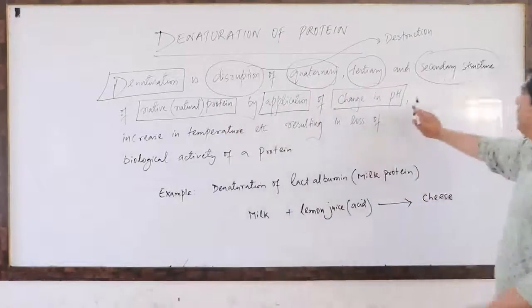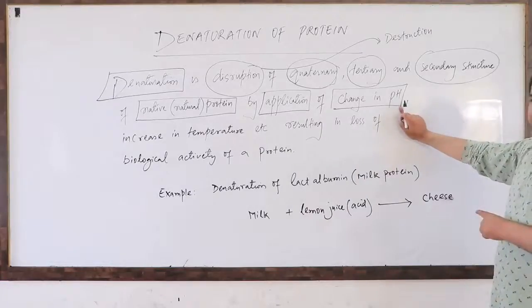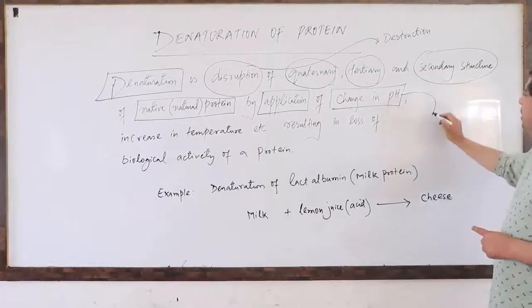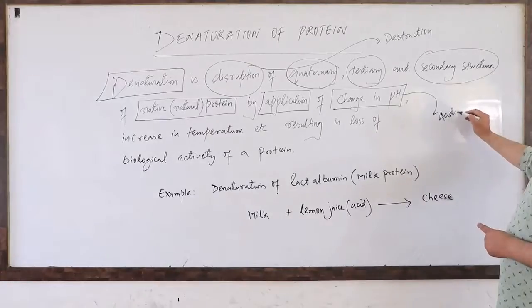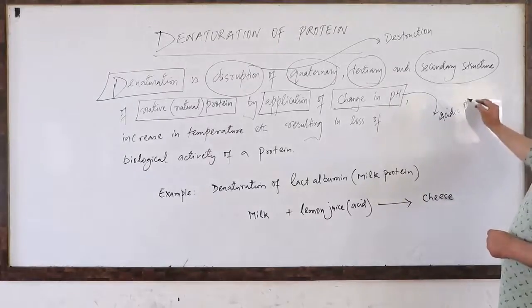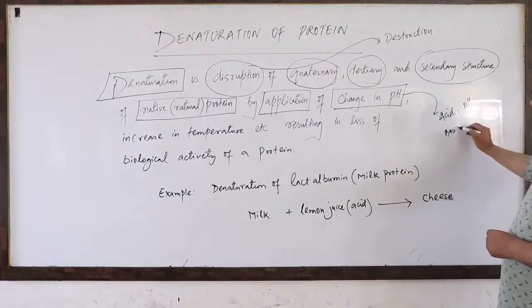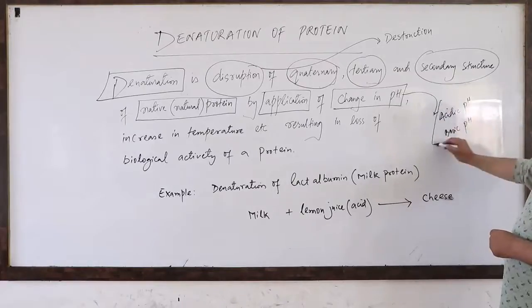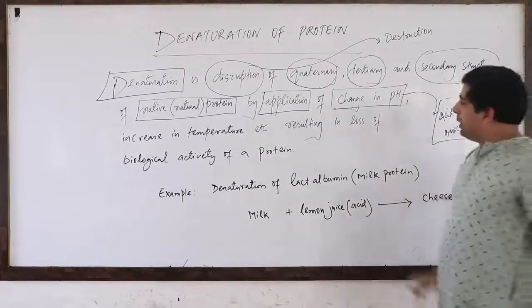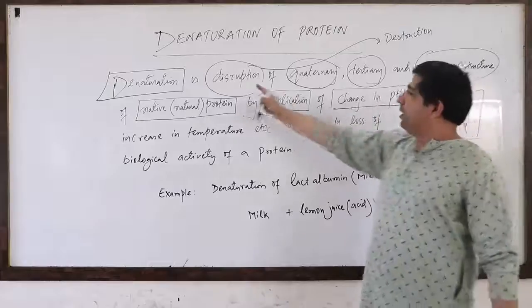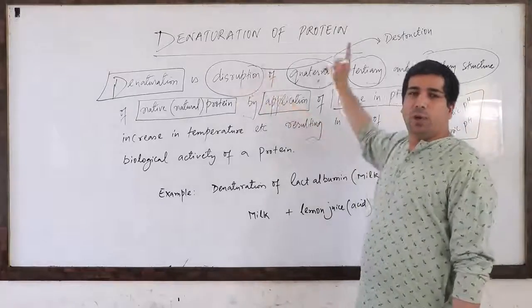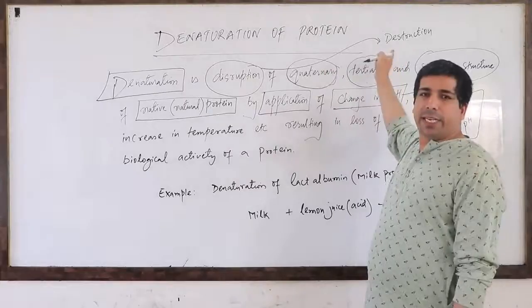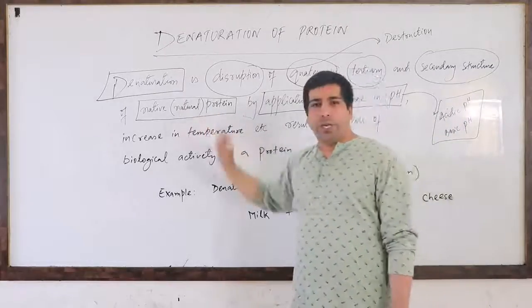You can make it acidic or basic. So this change in pH will destroy the quaternary, tertiary and secondary structure of a natural protein.